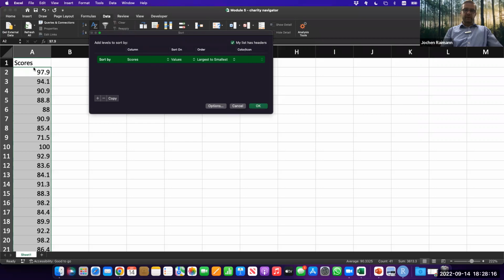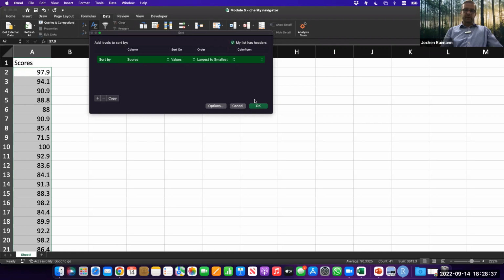If you select my list has headers, you're indicating that there is a header. If you deselect it, you see it includes the scores header. Just make sure, because sometimes this leads to errors.